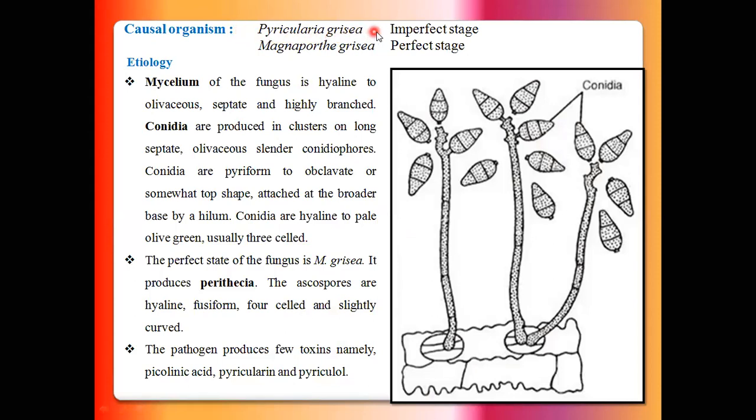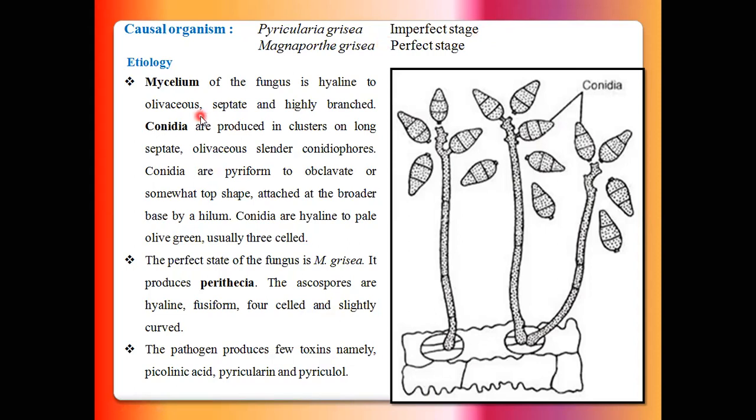Pyricularia grisea is the fungus mainly responsible for developing the blast disease in rice. Pyricularia grisea develops the asexual spores, and Magnaporthe grisea produces the sexual spores.